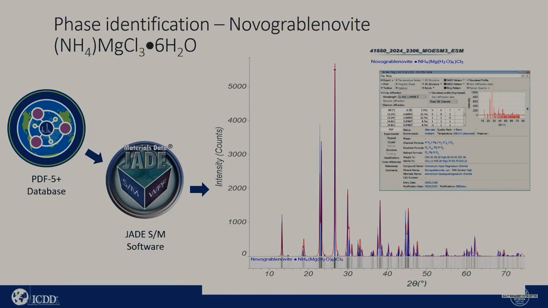So if you have the database, tie that into JADE, tie it into any of your diffraction software, you can in fact confirm and identify the mineral type that was found, okay? And so even if you don't have the powder pattern, you can still go through the operation to see, is there something even isostructural that will tell you something about the powder pattern you expect from this material.